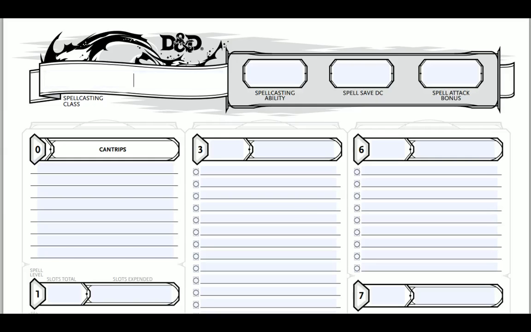let's pretend that this is a cleric. So, no, let's not cleric. Let's pretend sorcerer. So, sorcerers get to pick cantrips when they start off. Let me actually change those pages real quick.